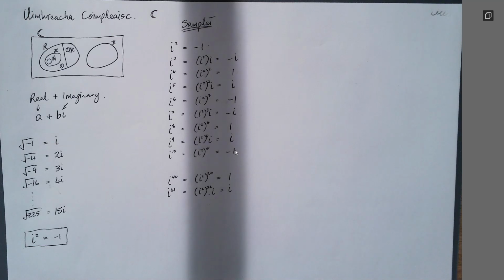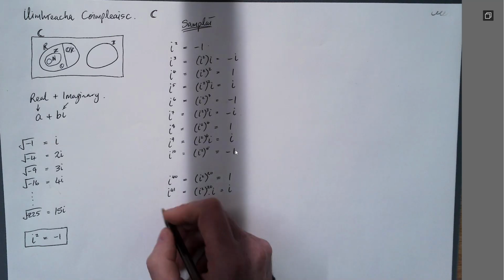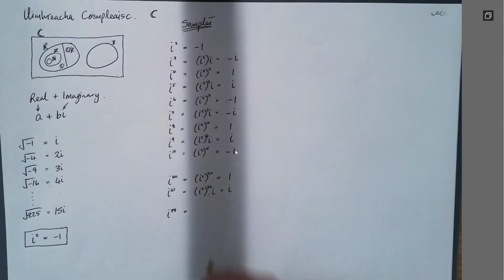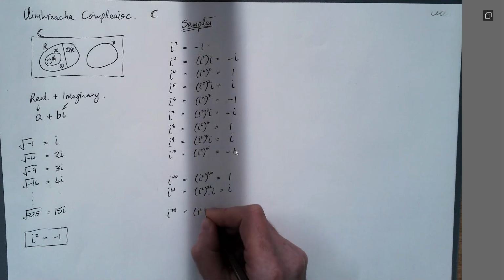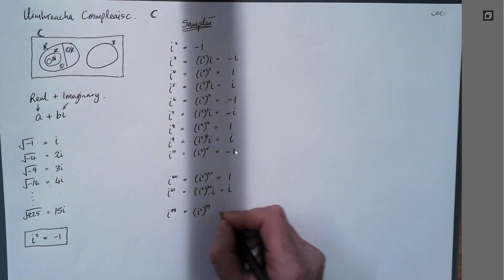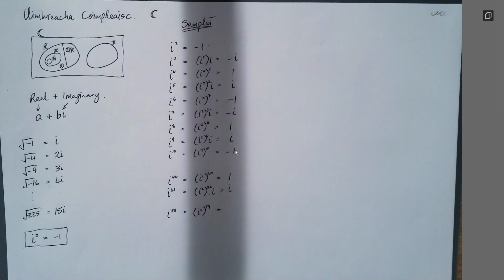So if you want to get I to the power of 79, you need to do I to the power of 78 times I. I squared to the power of 39, which is equal to minus 1 to the power of 39. Because 39 is odd, it's minus 1 by minus 1 by minus 1. It's always 1, but because the power is odd, it's going to be negative.